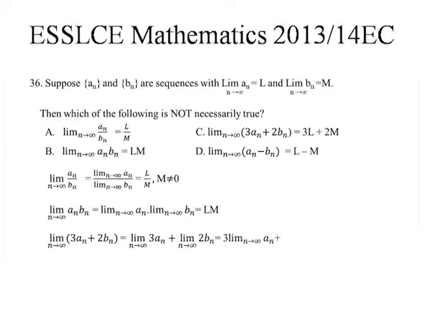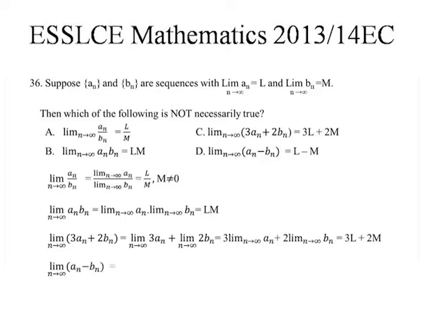We can take it to the front of the limit and we will find 2 times limit of B sub n as n approaches infinity. This gives us 3 times L plus 2 times M. Then we will find 3L plus 2M. Choice C is also true.